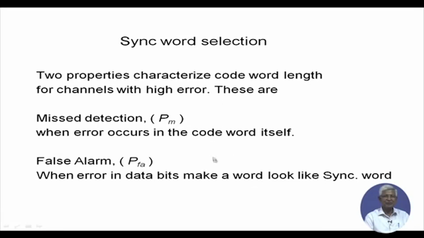So, these two have to be seen carefully. Missed detection is when in the sync word itself there is an error, so you miss the detection itself, and the other is when in the data area there is an error which makes it look like sync. Generally, sync words are selected such that a similar pattern does not appear in the data area.